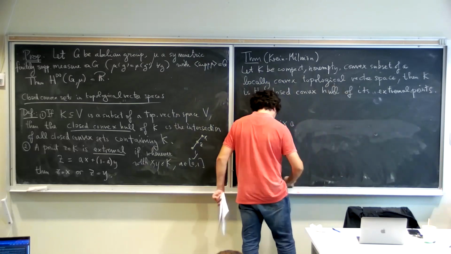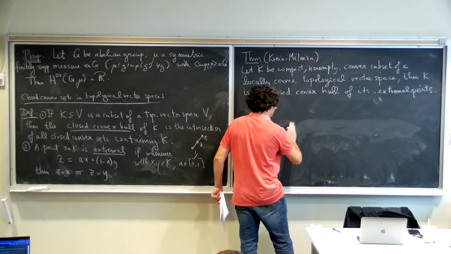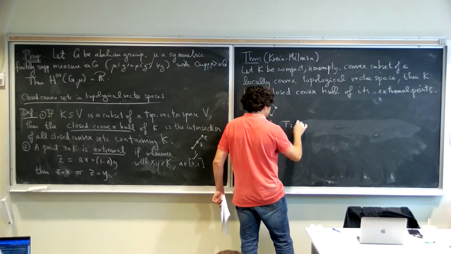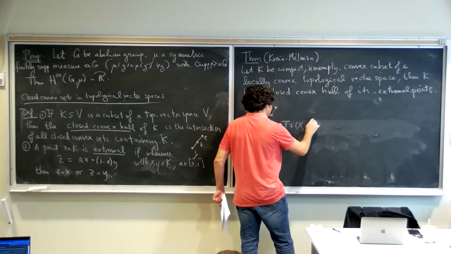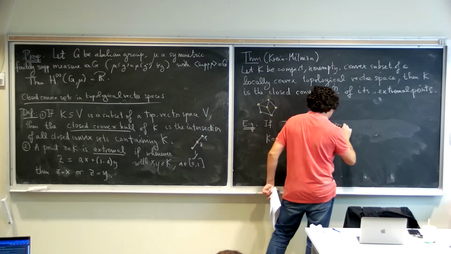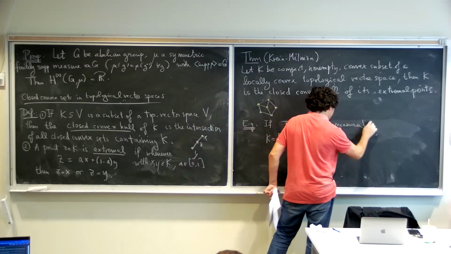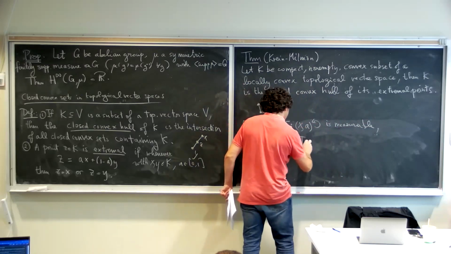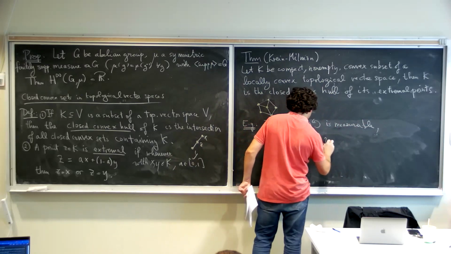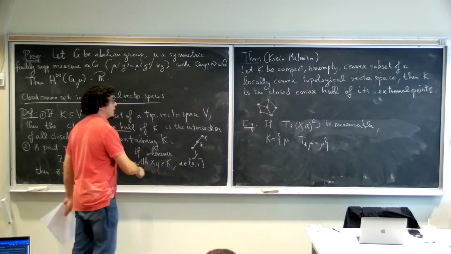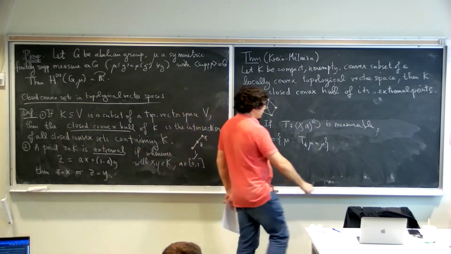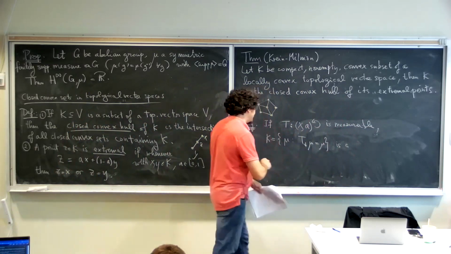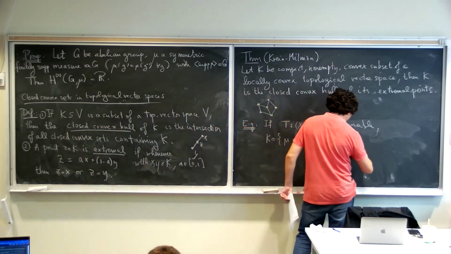So if P is a measure from X to itself that is measurable, then we take all the measures that are invariant by T. And this is indeed compact if the space is compact, and it's definitely closed and convex.